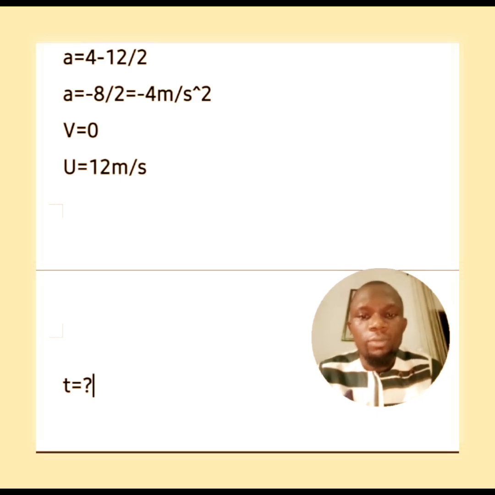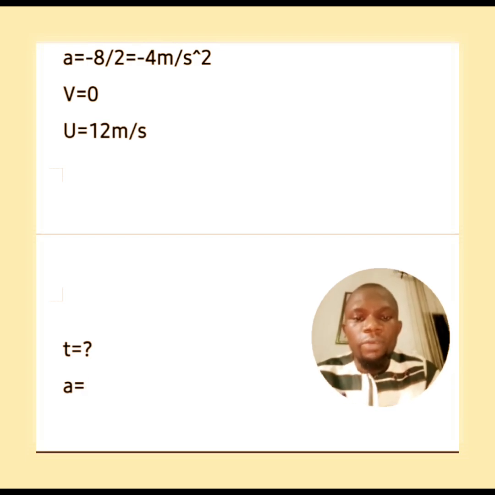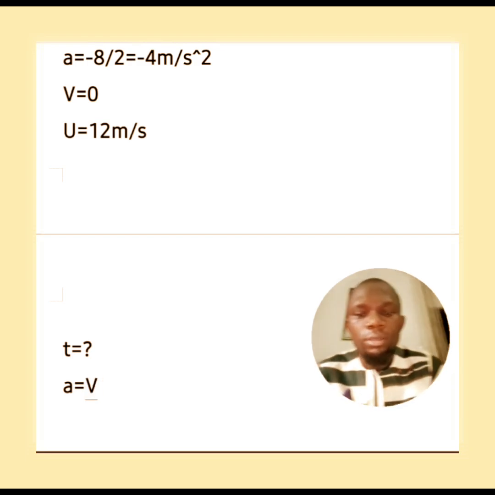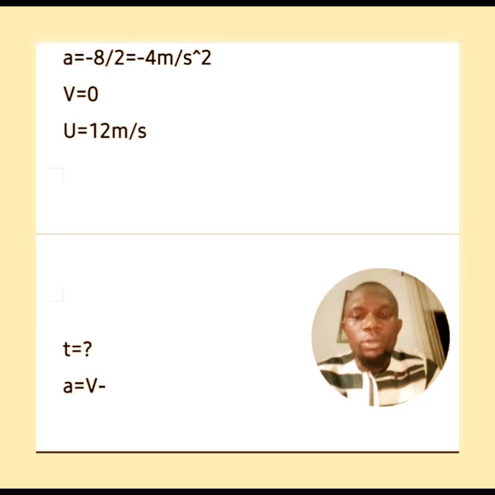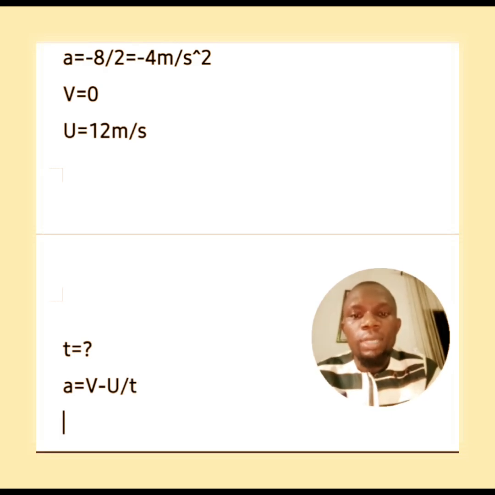Okay, so my A is equal to V minus U divided by T. If you check, my A has been solved. My A is minus 4.